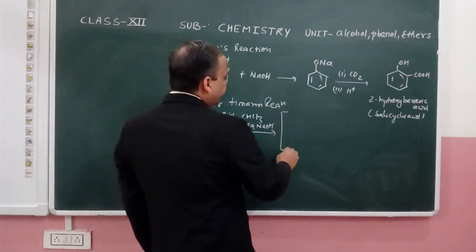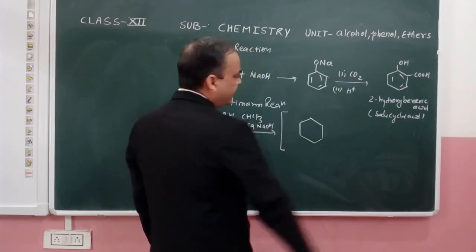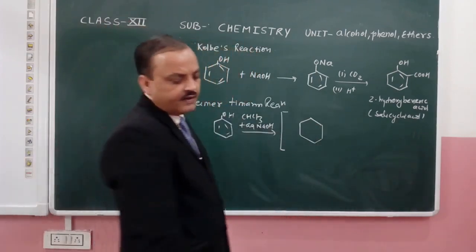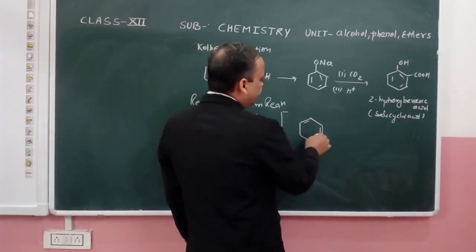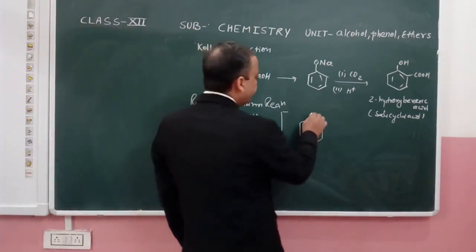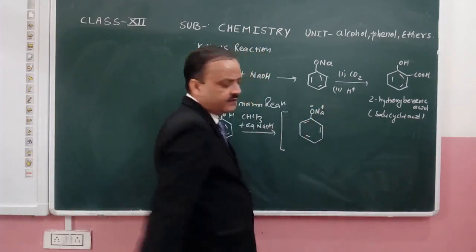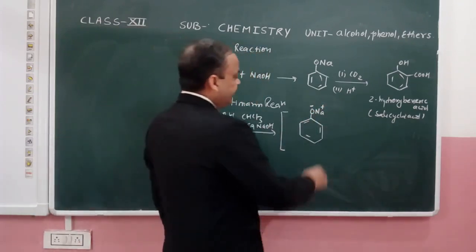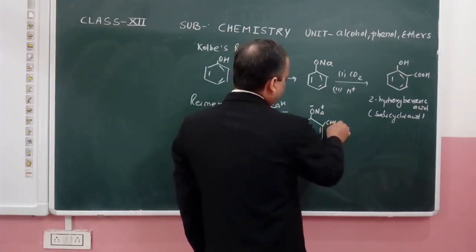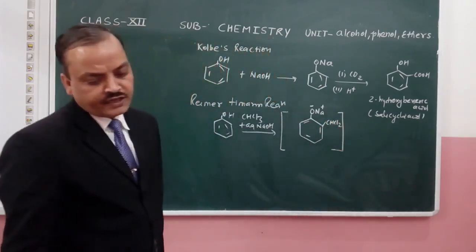Then an intermediate ion is formed, and this intermediate ion is O minus, Na plus with a CHCl2 group attached to it.